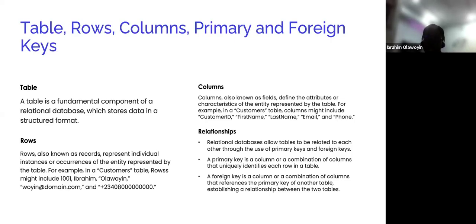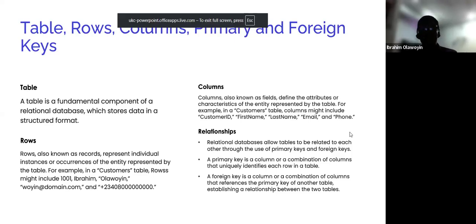So that is what foreign key and primary key mean in a database system, and they are used to build relationships between tables. So I want to believe I am able to explain this succinctly to a great extent.